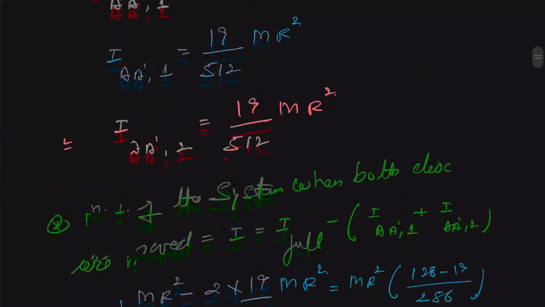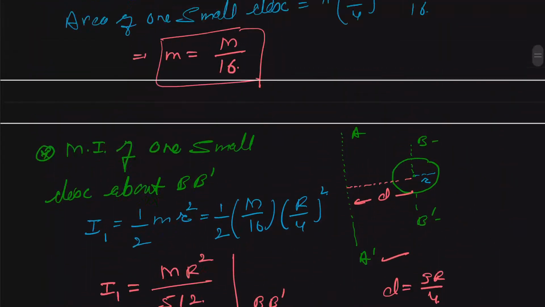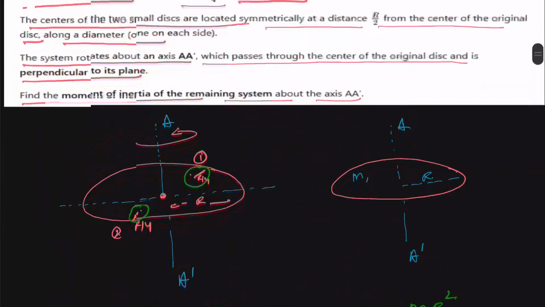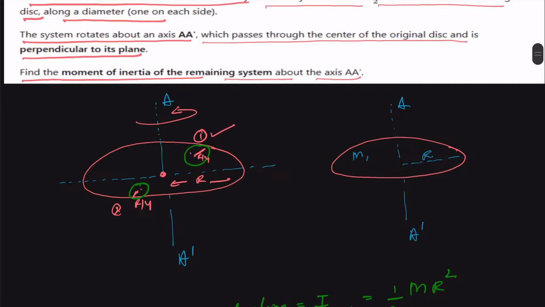And in this case, one important consideration is that the location of disk number 1 and disk number 2 does not matter, as long as the radii and everything else is the same. They can be at any angle. Suppose this disk is here somewhere, it will be same.